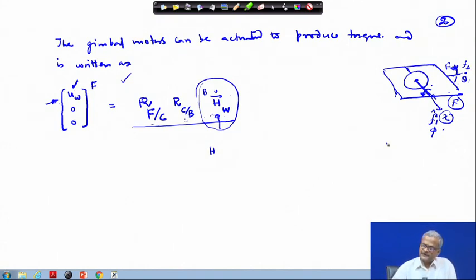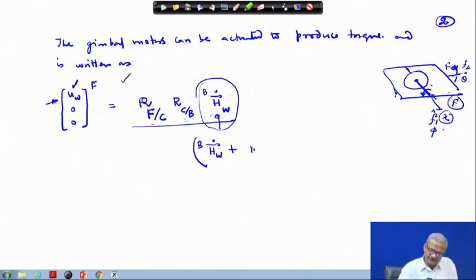You are rotating the frame about the F 2 axis. So, if it rotates, then we have to write that the wheel angular momentum will change because of that also. So, that has to be taken into account.